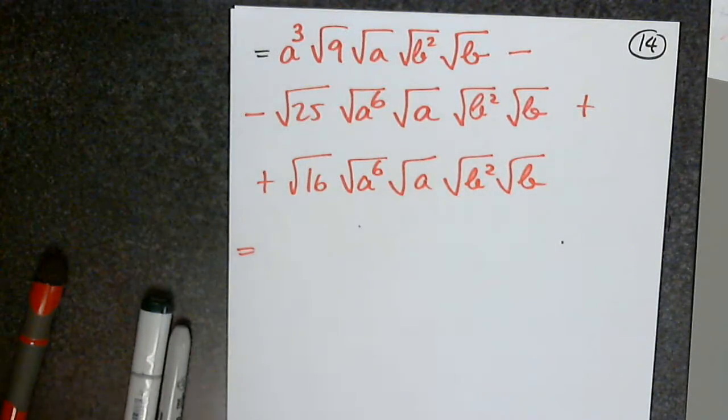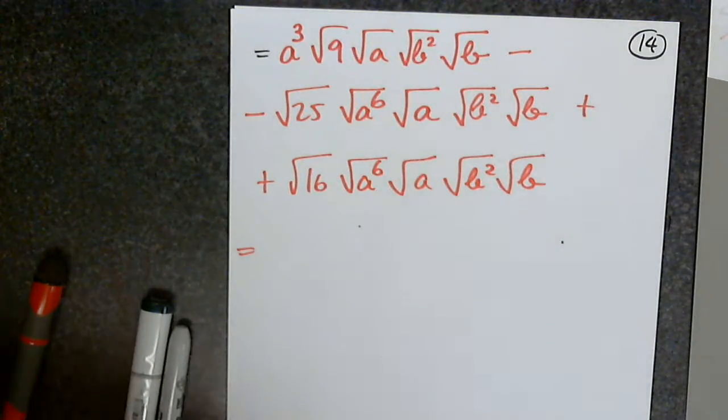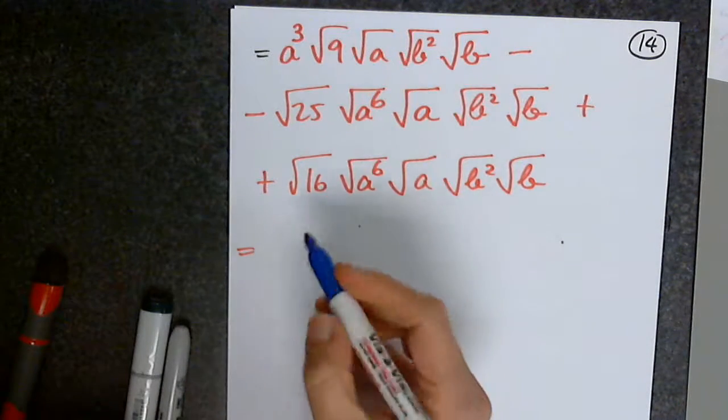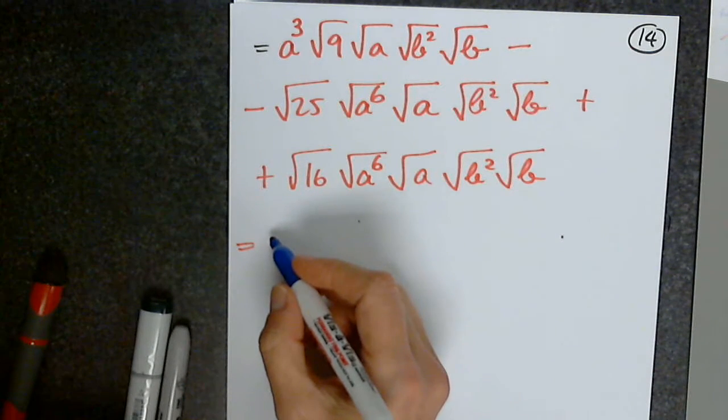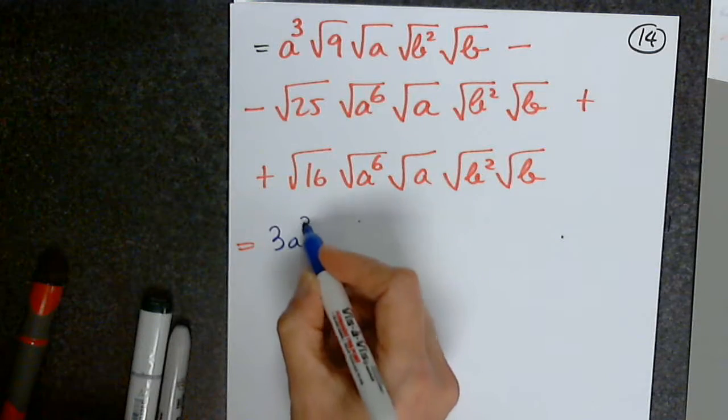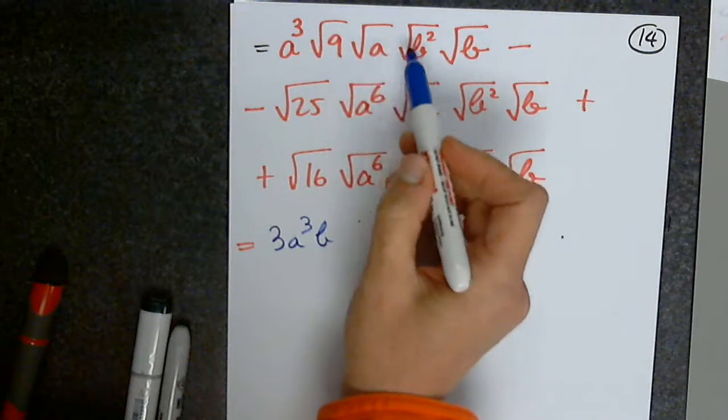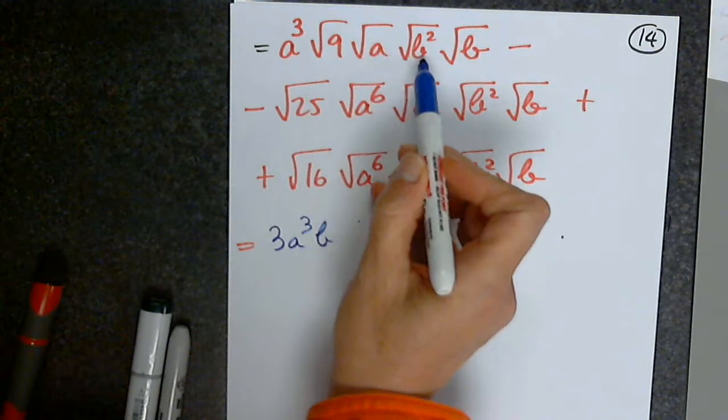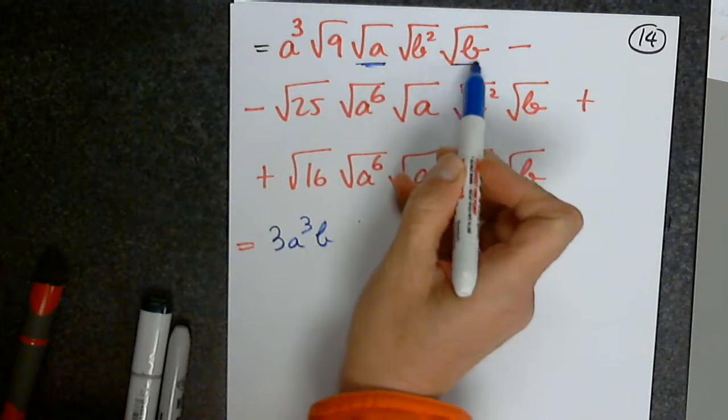So, can anyone simplify the first radical for us? 3 from here, a cubed, b, and these two stay under the radical.